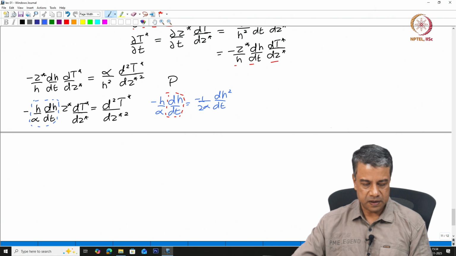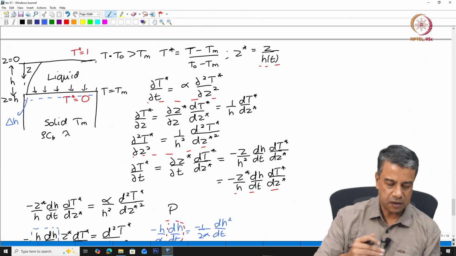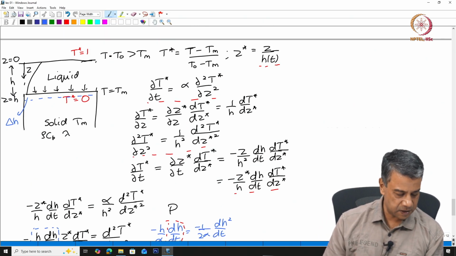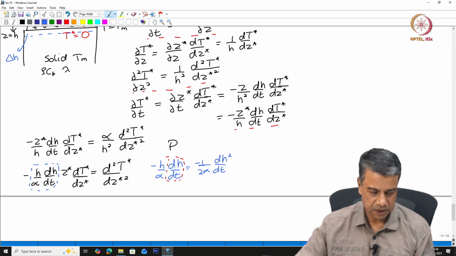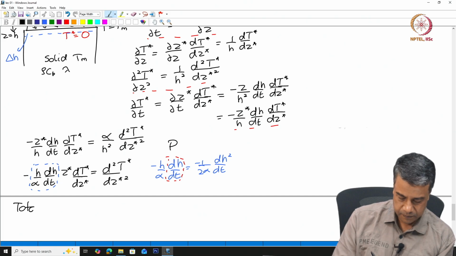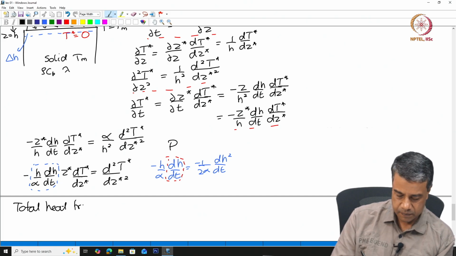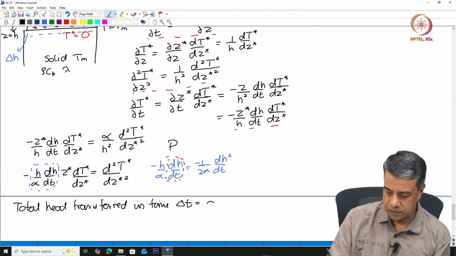Then the total heat transferred is the heat flux times the area times delta t, because heat flux is heat transported per unit area per unit time. So, the total heat transferred in time delta t is equal to qz into the area into delta t.